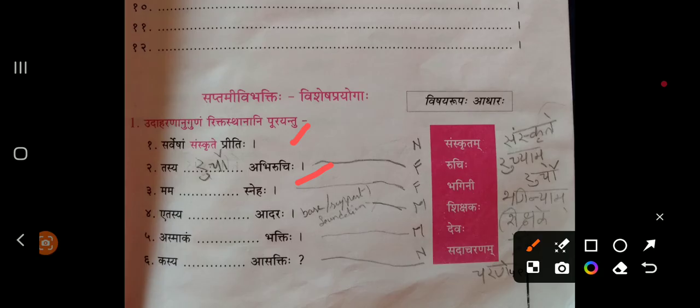In Sanskrit we will end it properly, snehaha. We don't write just sneha, right? So that's why mama dash snehaha. My sister is Sneha. That's what it means.